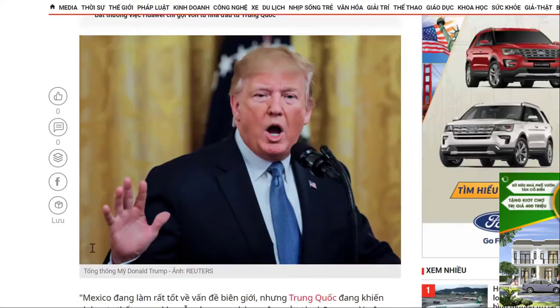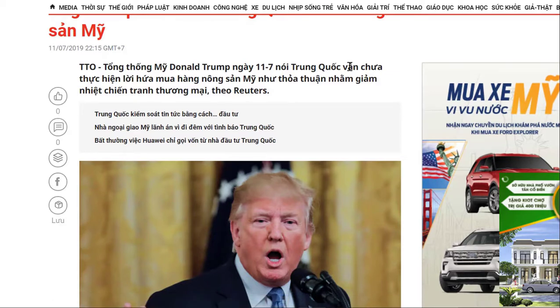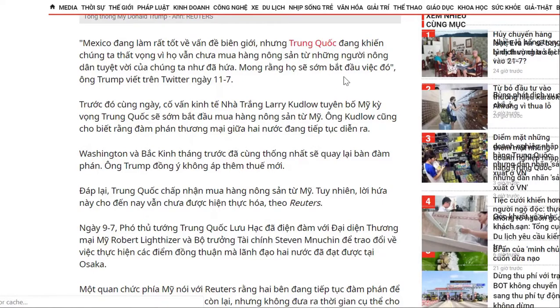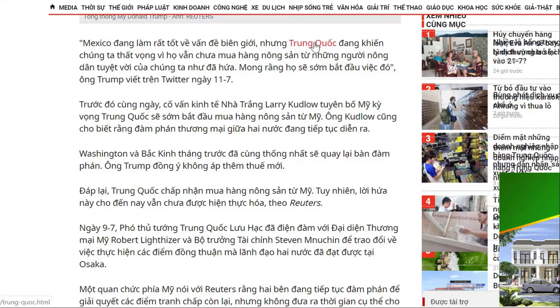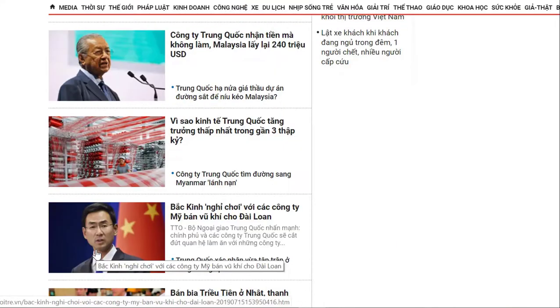And when you look down at the first paragraph, it also includes China, US, Donald Trump, and trade conflict. And when you look down, they also include a tag here for China. As you see here, it has a tag for all the articles about China. Why do they do that?